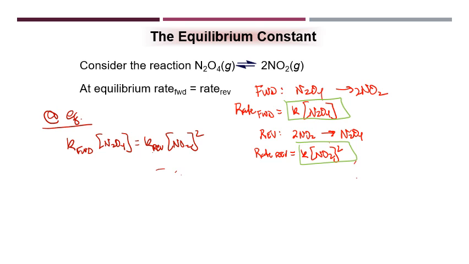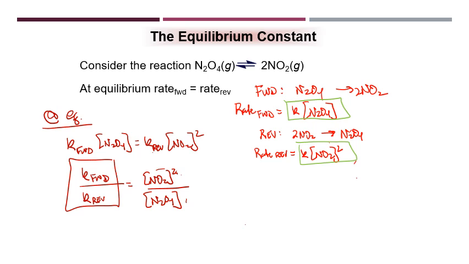If I put the K's together on the same side, I would have K for the forward reaction divided by the K for the reverse reaction equals the concentration of NO2 squared over the concentration of N2O4. Now, the ratio of K for the forward reaction divided by K for the reverse reaction, remember these are not equivalent to each other because they're opposite processes, we can set this equal to our arbitrary K value.